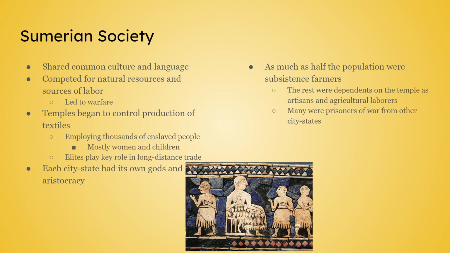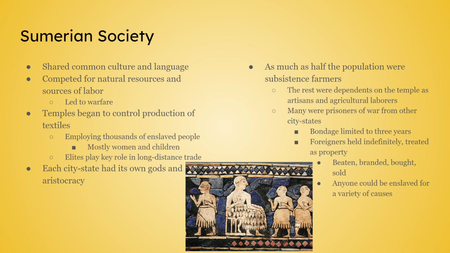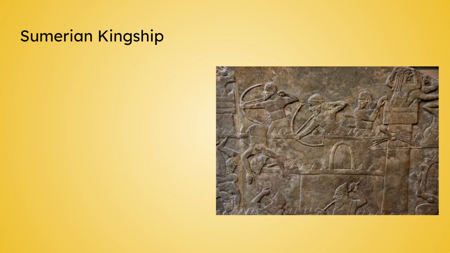And many people in Sumerian society were prisoners of war from other city-states, and their bondage was limited to 3 years. But foreigners were held indefinitely and treated as property. They were beaten, branded, bought, and sold, and they could be enslaved for a multitude of different causes. It didn't have one particular cause in general.